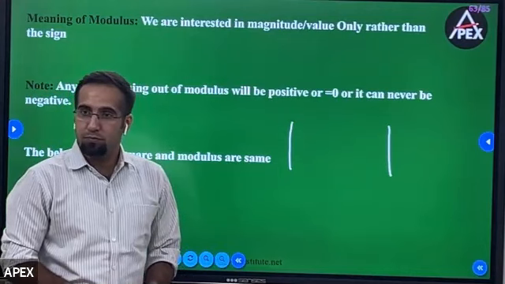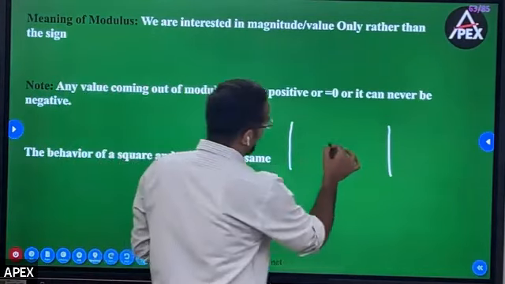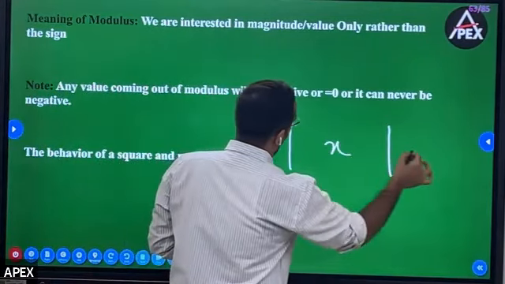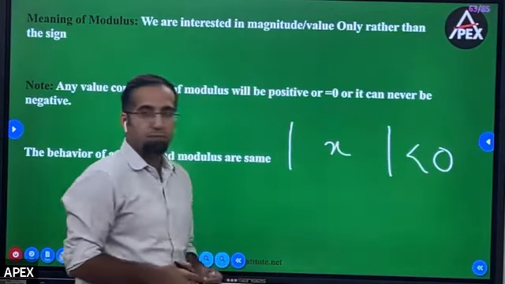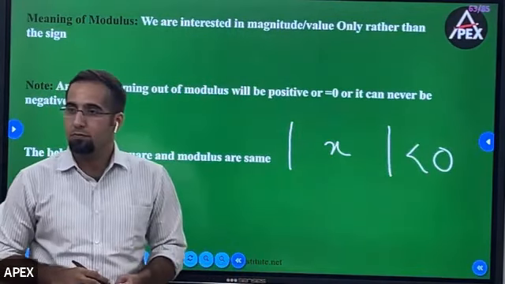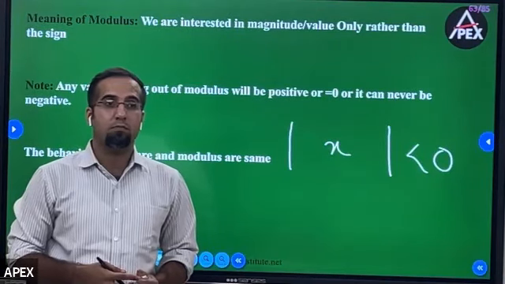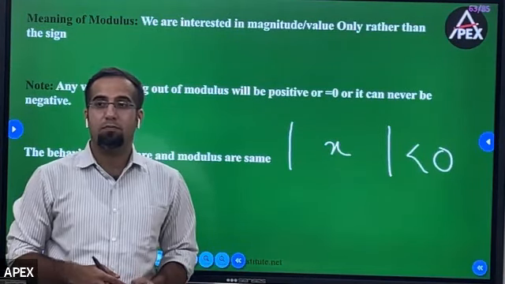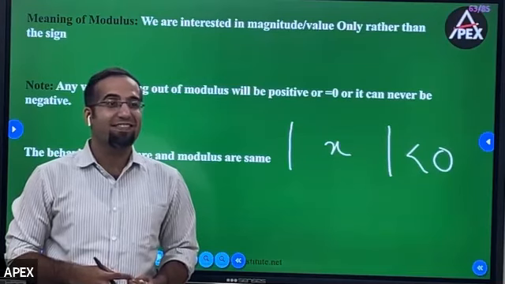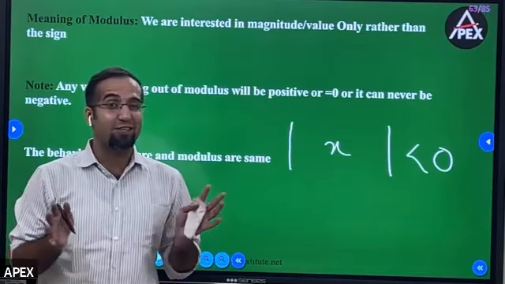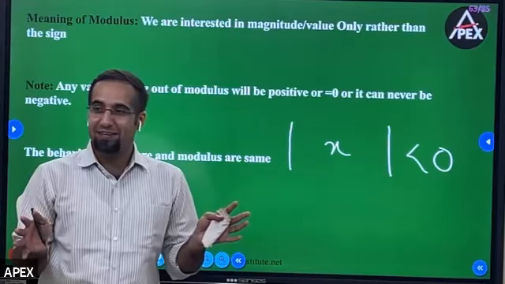Yeah. So in short, if I ask you mod x is less than 0, what do I get? Mod x is less than 0. Null set. Exactly right.